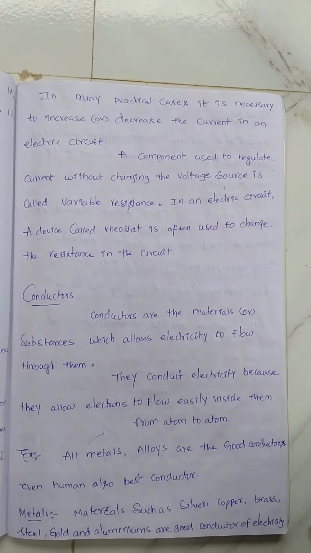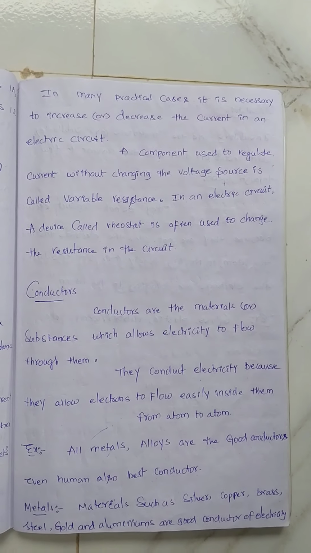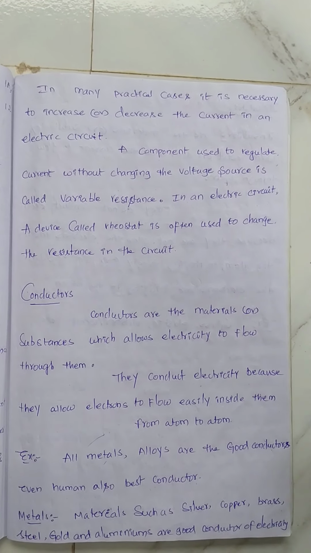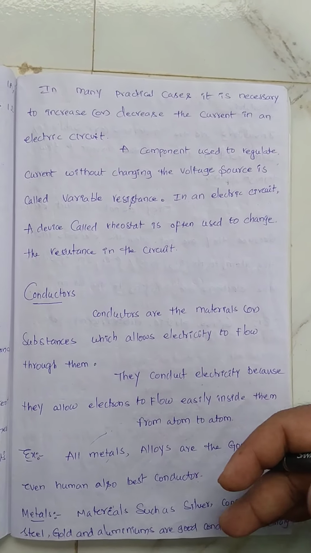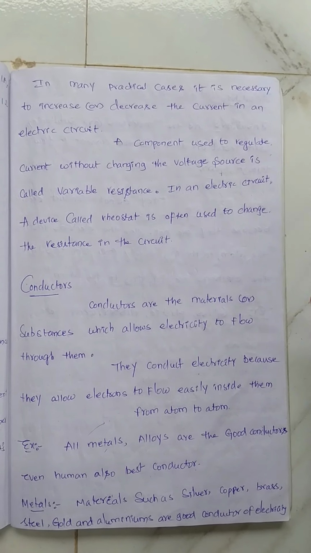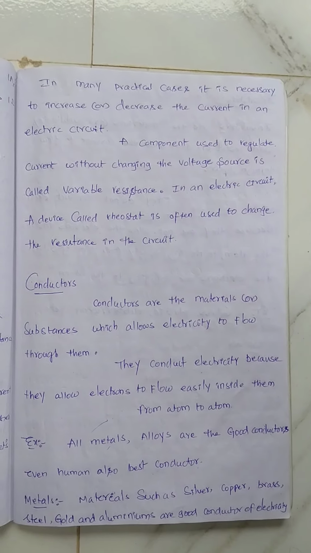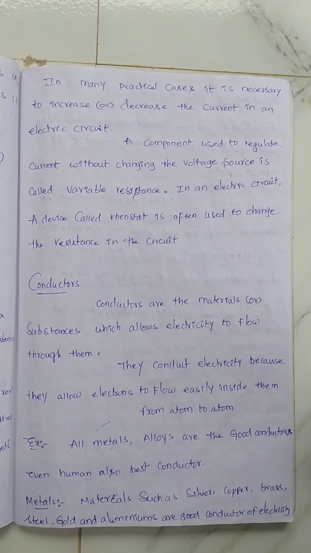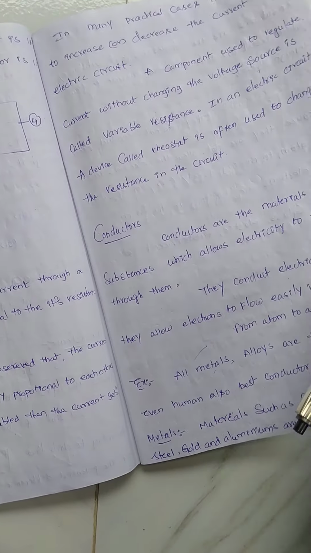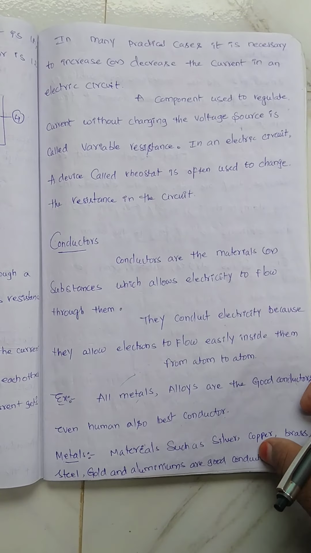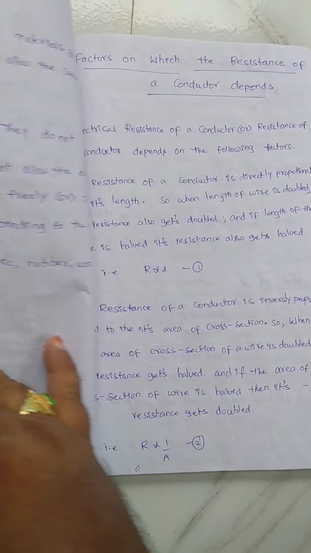You can check the electronic configuration of silver and how many free electrons it has compared to the remaining atoms. Then you can understand. So compared to all remaining metals, silver has more free electrons, so it conducts electricity easily. Of course the remaining metals also conduct electricity, but silver is the best conductor compared to them.